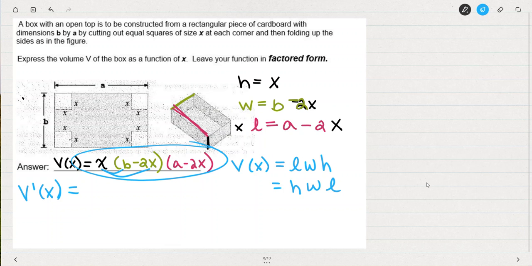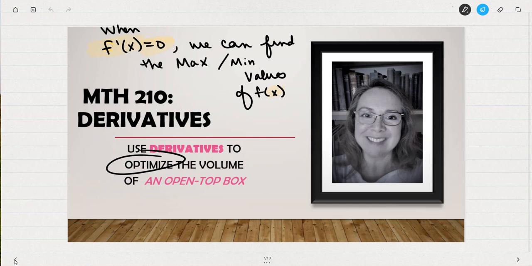But try that a few times. Try some specific examples where you're given a number value for A and B, and see if you can't find a process that works for you to find the optimized volume, and then to find the value of X that gives you that optimal volume.